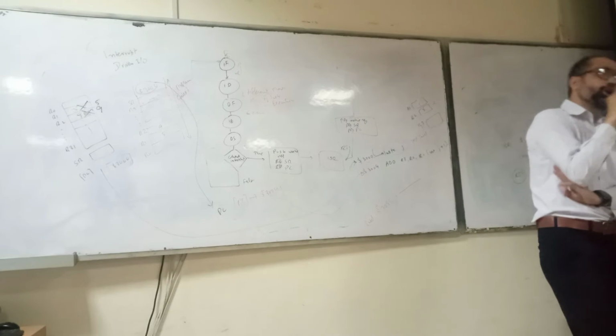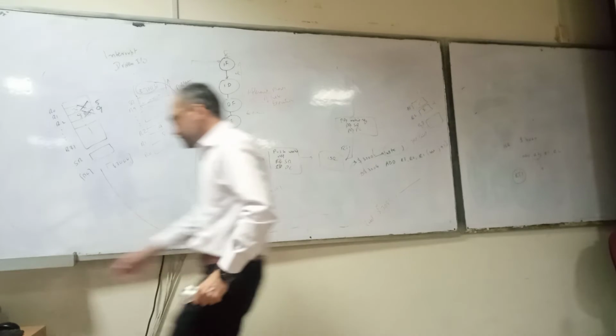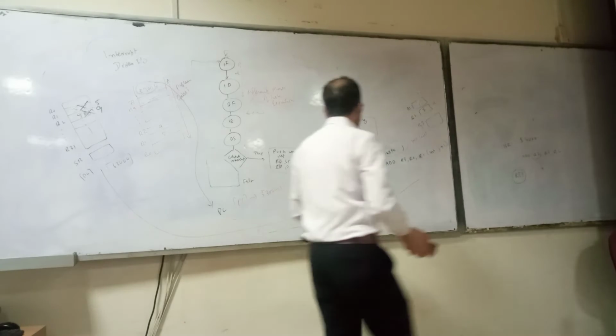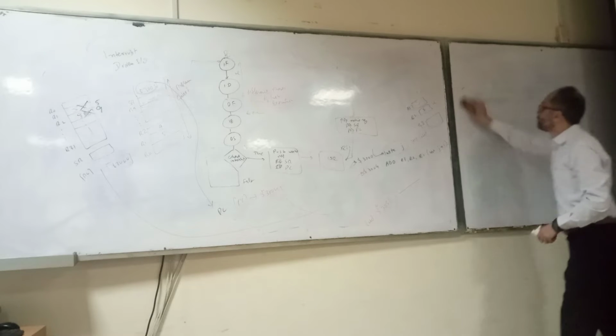Either you push all of the working registers on the stack, or you push only those working registers on the stack which are modified by the ISR. This is one method: push working registers and pop working registers. So now how can we do it like this?